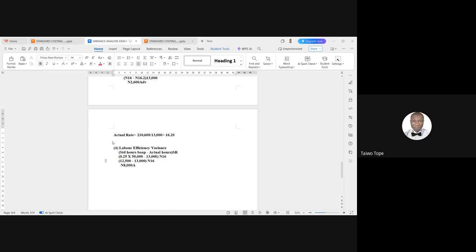Okay, this is it. So don't just try to cram and start feeling headache. Make it practical. See it in a real life sense. Once the standard is different from the actual, this is variance: price variance, labor variance.